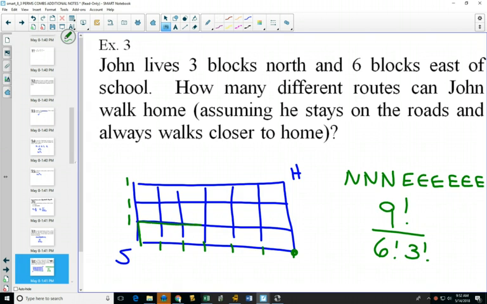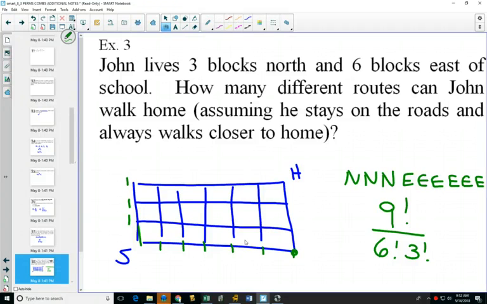Because if you backtrack, he could go here and then go around this block 8 million times, and then finally realize that's not helping, and then go home, right? But that wouldn't be a very smart choice. And usually when you're walking home, you don't get lost. Hopefully by now that's the case.